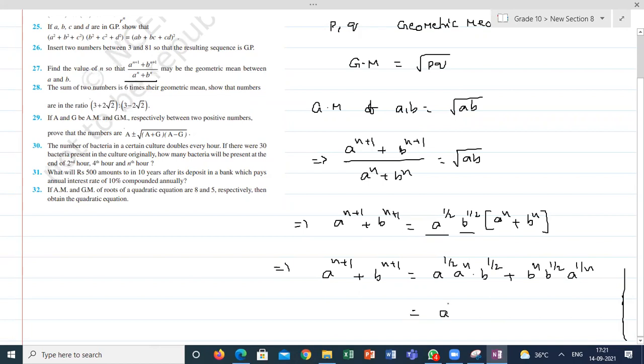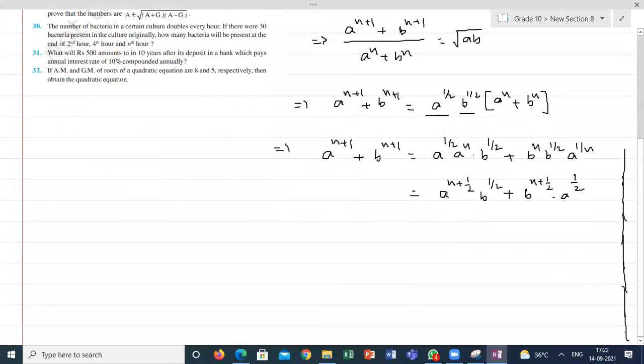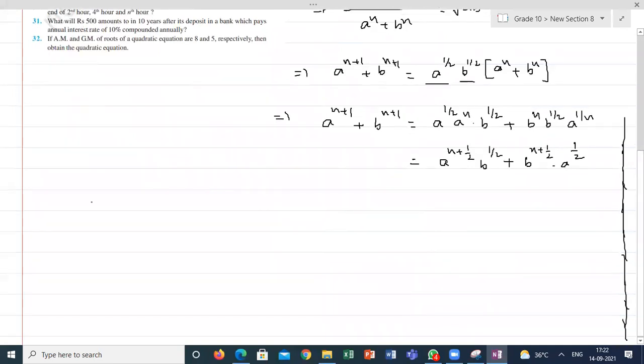So this will be a power n plus 1 by 2 into b power 1 by 2, b power n plus 1 by 2 into a power 1 by 2. So I'm bringing all the things to one side to make this an equation. Basic algebra, a strong level of algebra is required to solve this question.